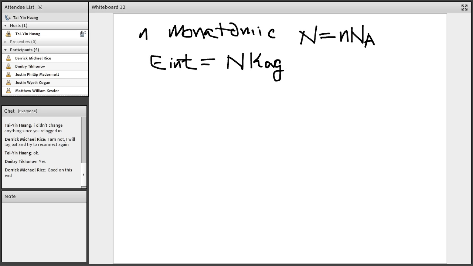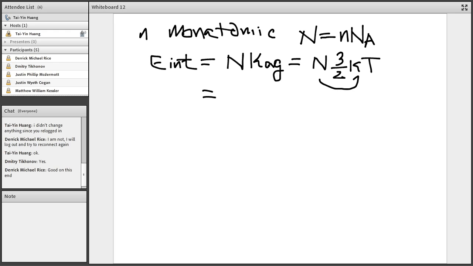And we know that the average kinetic energy is 3/2 kT. So we can calculate the amount of energy contained within that system if there are capital N particles: you have your N here, you have your 3/2, then the Boltzmann constant, and then the temperature.